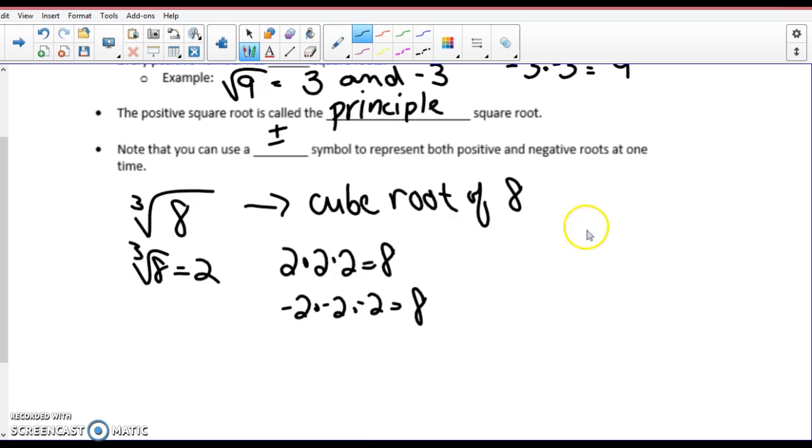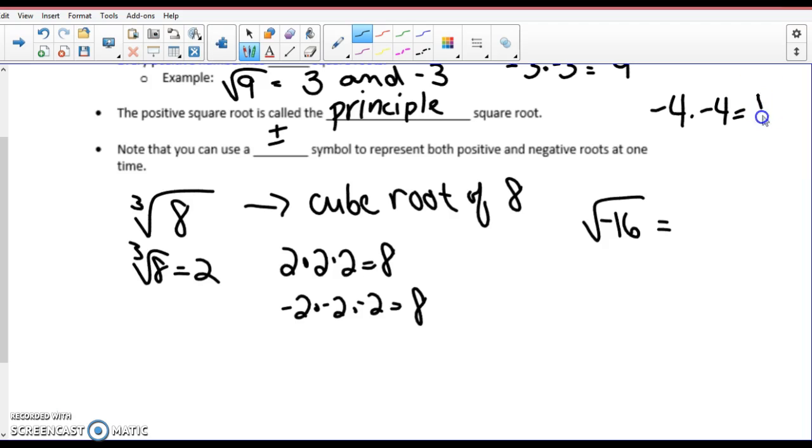What if I said to you, the square root of negative 16? And you can just write this on the space somewhere. What is the square root of negative 16? Casey. What is negative 4 times negative 4?